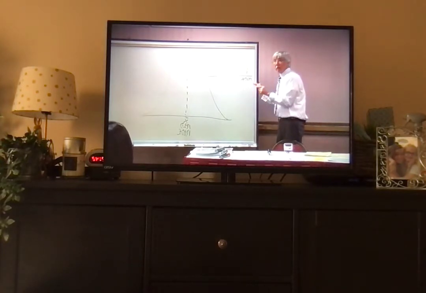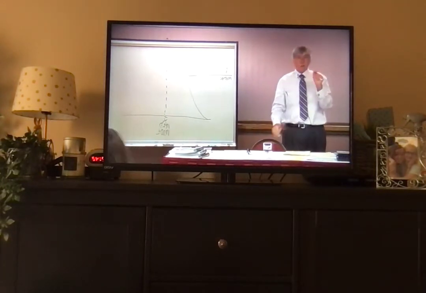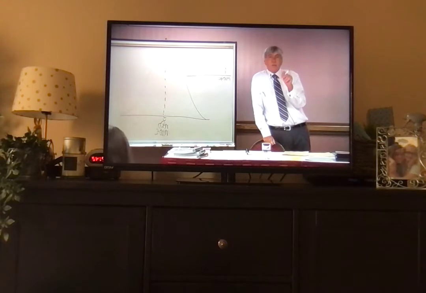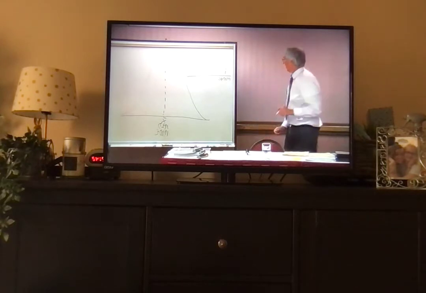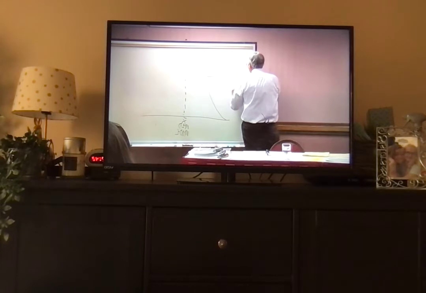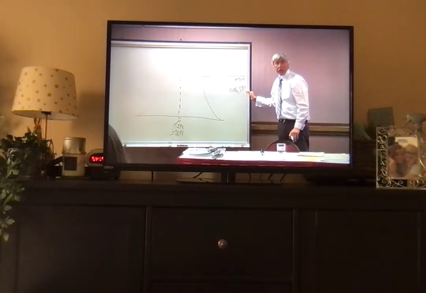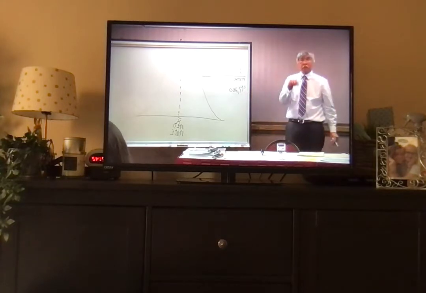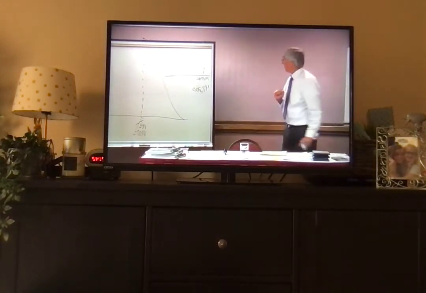Now let's say that the mode is the most frequently occurring score. Let's say that the most frequently occurring household income in North Glen is 42,700. I have no idea. Well, I have some idea, but let's go with 47,200. There are more 47,200 household incomes in North Glen than any other income. That's the mode, okay?